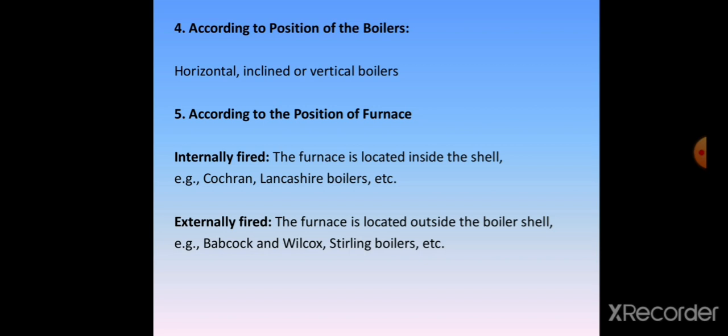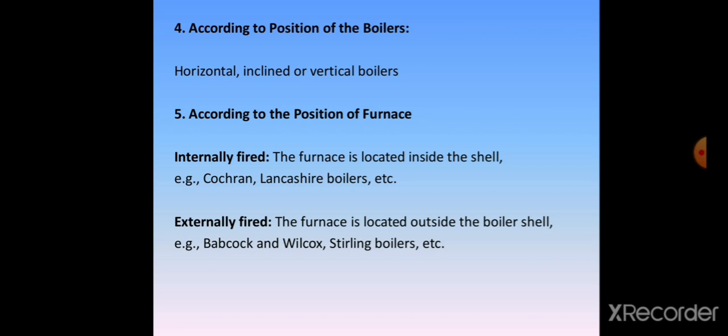When the available space is enough on the vertical axis, these types of boilers are known as vertical axis boilers. Or when a combination of these two is available, these boilers will be of mixed type, horizontal and vertical, that is, inclined boilers. They can be changed as per the availability of space in the industries.